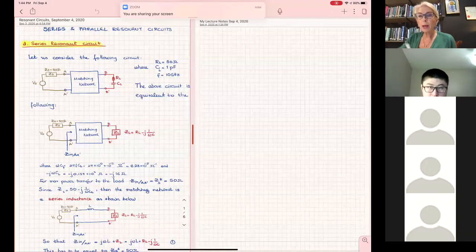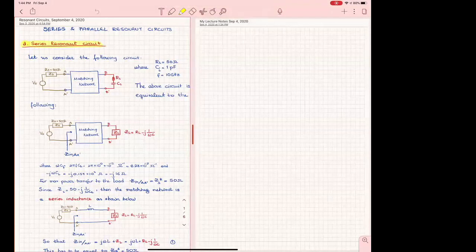If we don't have any more questions, then I will capture the screen as I do. Okay, and now I believe you see it. So what we are gonna do today, we'll start talking about resonance circuits. Resonance circuits are extremely important in high frequency circuit design.